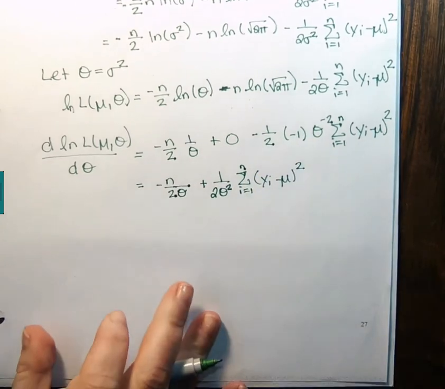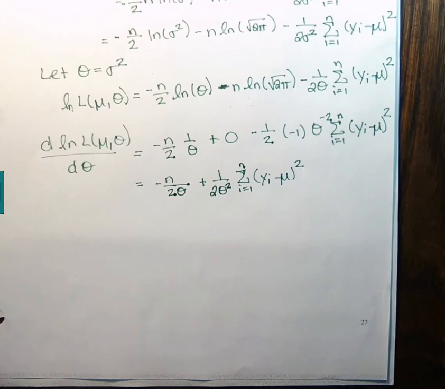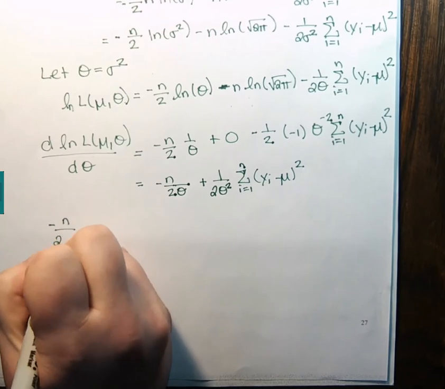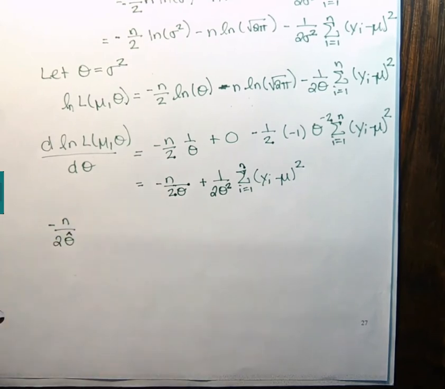And again, the next thing we're going to do is set this equal to 0. So if we do this, we get minus n over 2, and since I'm setting this equal to 0, I'm going to replace my thetas with theta hats.